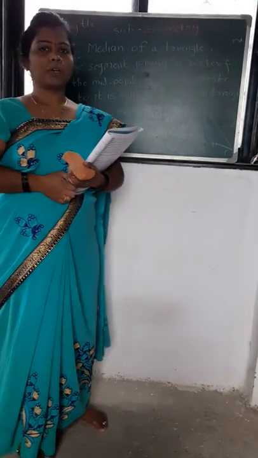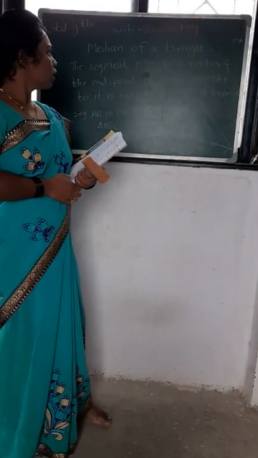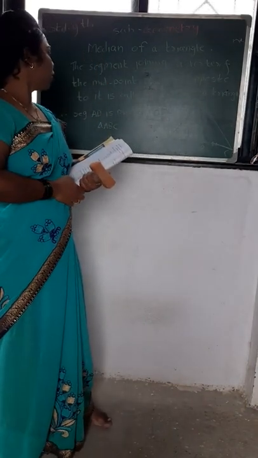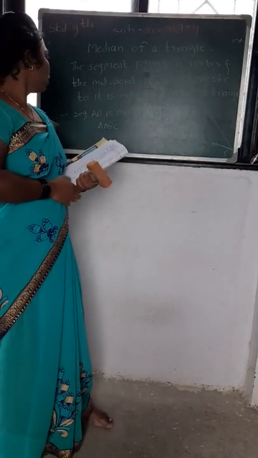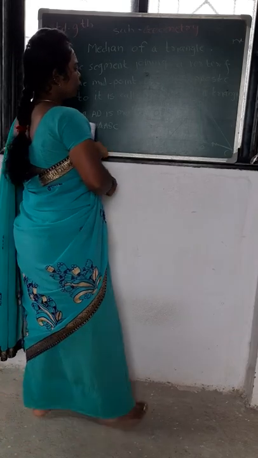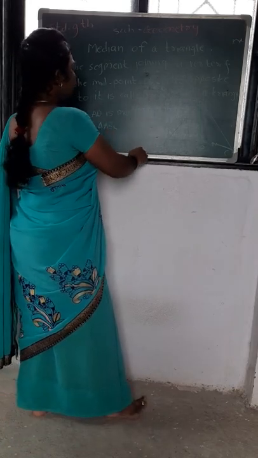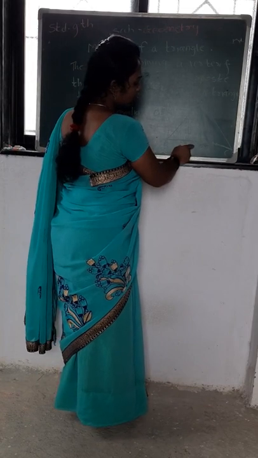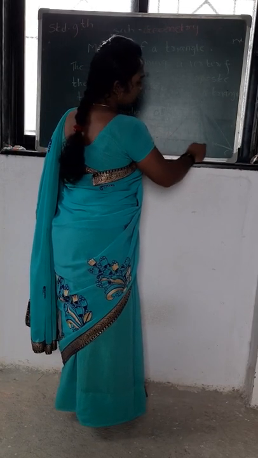We have our point is median of a triangle. The segment joining a vertex and the midpoint of the side opposite to it is called a median of the triangle. Then AD is the median of the triangle. ABC is a triangle and D is the midpoint.